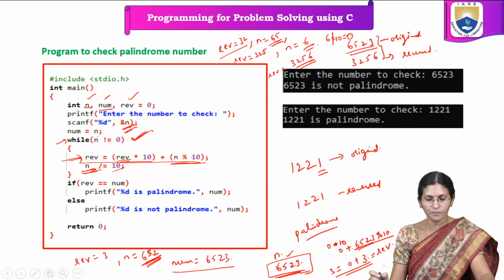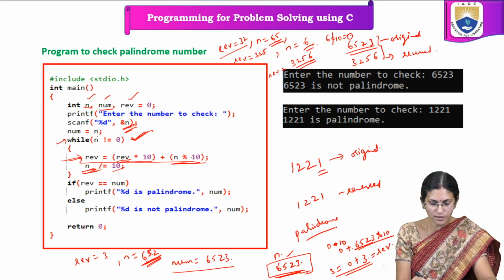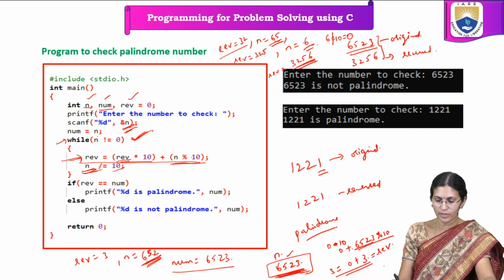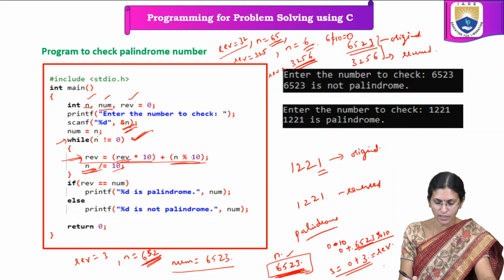In this way you can see that the value stored in the variable reverse is 3256. The initial number which we have taken is n, equal to 6523, and that value is assigned to the variable num. Num is not changing, it remains constant, but the value of n is changing in each iteration.